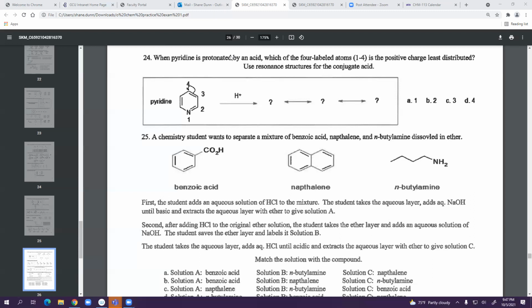Can I put a negative charge on that guy right there? Can I break that bond and put a negative charge there? Oh, yeah. I also could do the same thing with 1, correct? The only one I can't put a negative charge on is 3.